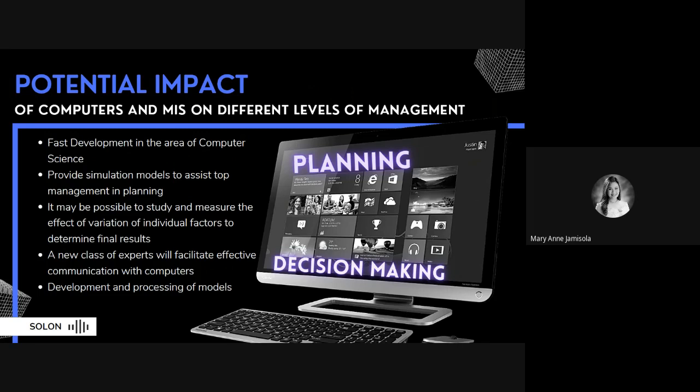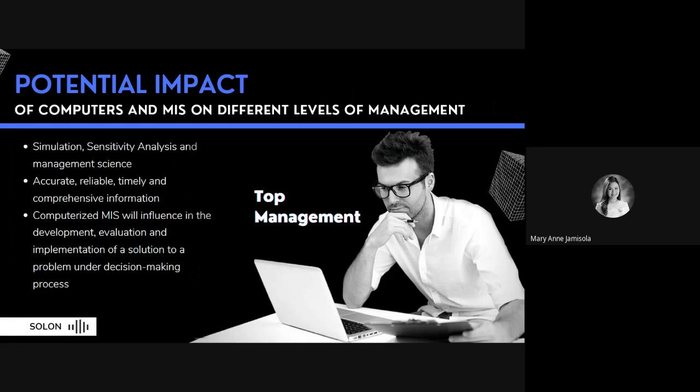Top management is the topmost level of management, and the potential impact of computers on it is very, very significant. An important factor which may account for this change is the fast development in the area of computer science.